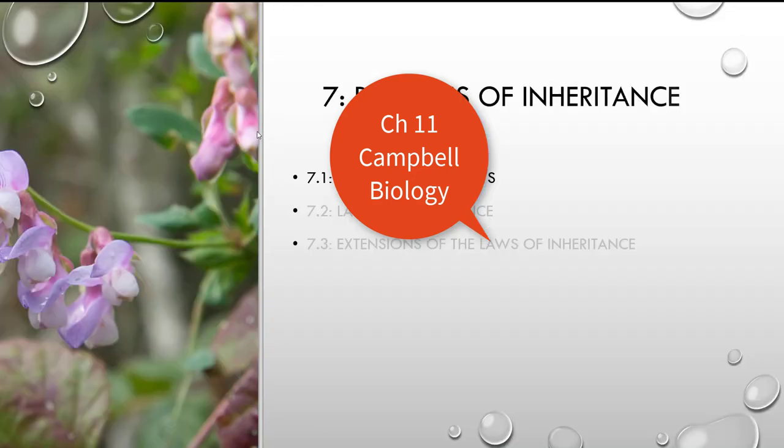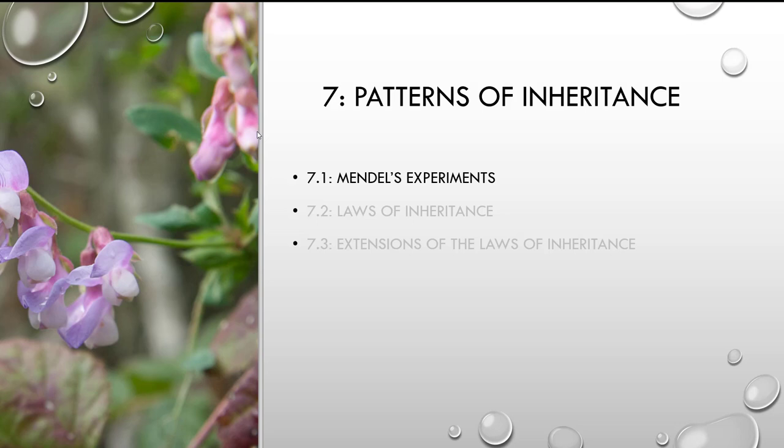So in this unit, we're going to study genetics. Genetics is the study of heredity. We're going to start out talking a little bit about Gregor Mendel. He's basically known as the father of genetics.